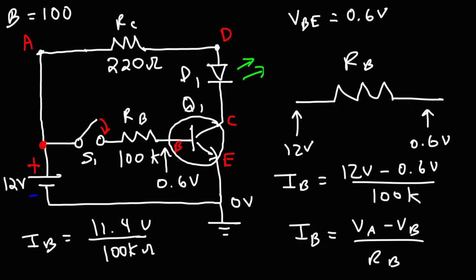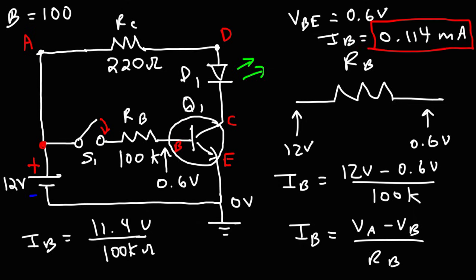If you divide volts by kilo ohms, you're going to get the current in milliamps. So 11.4 divided by 100 will give us a current value of 0.114 milliamps. So when you understand that, you don't need to convert amps into milliamps, nor do you need to convert kiloohms into ohms.